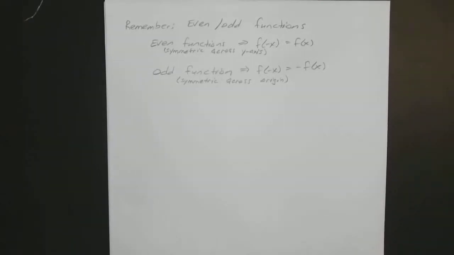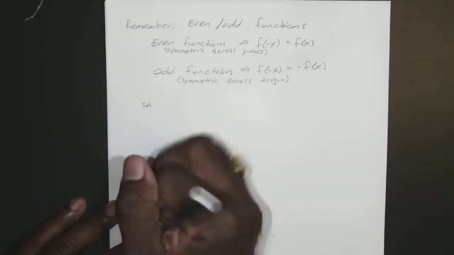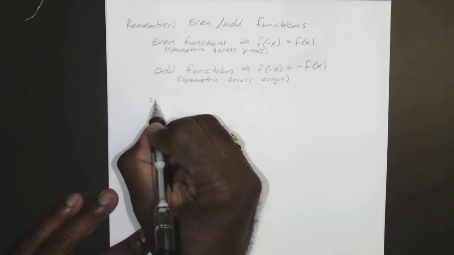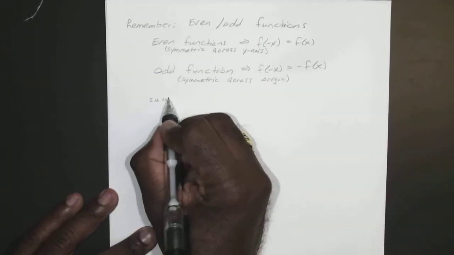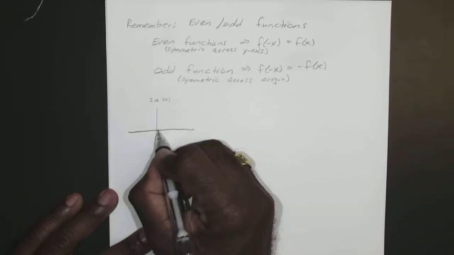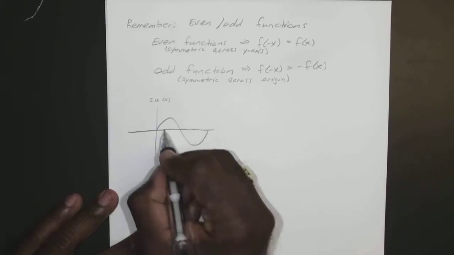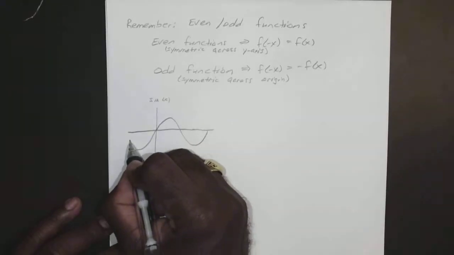Okay, so if we go back to our graphs, just to take a quick look. Well, actually, I'll just redraw it. Your sine of x, remember that looks like that, and it actually brings back up again here.